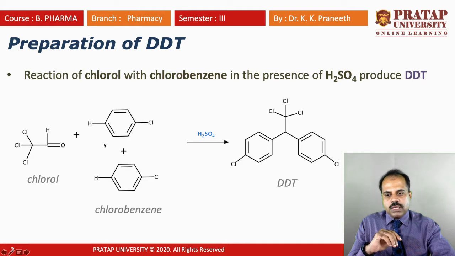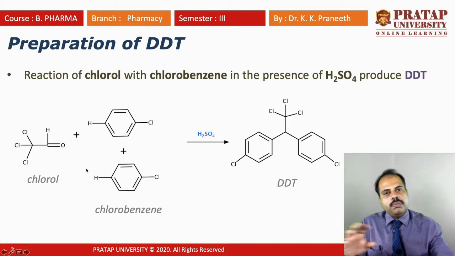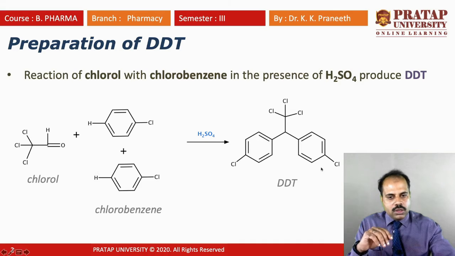The water is removed, and these three parts join together to form the DDT structure. This is the DDT structure. This is dichloro diphenyl trichloroethane: dichloro is the first D, diphenyl is the other D, and trichloroethane is the T. This is the DDT structure.